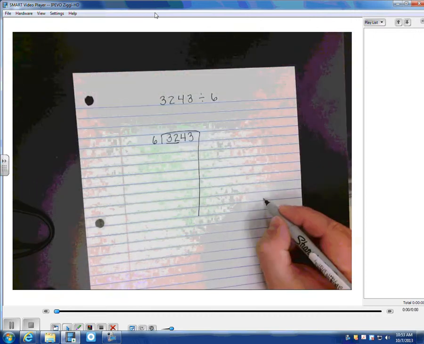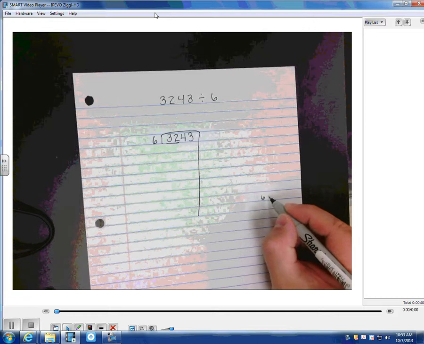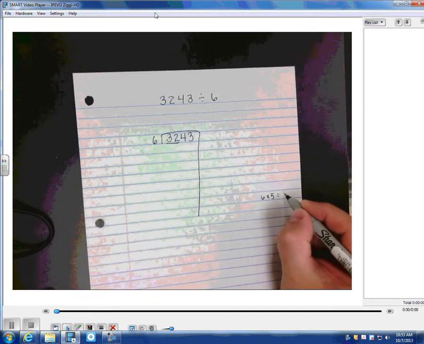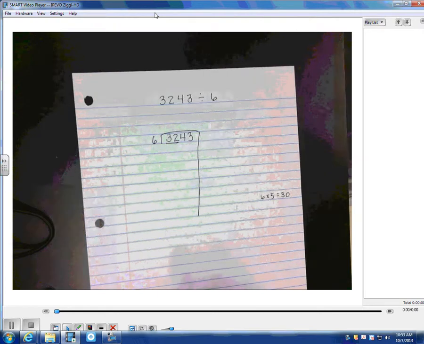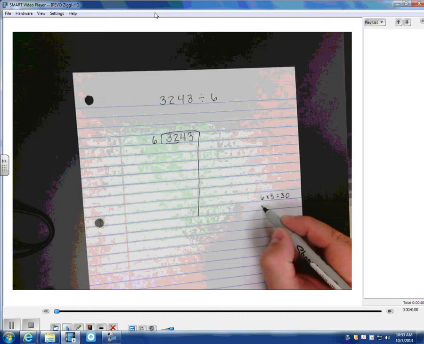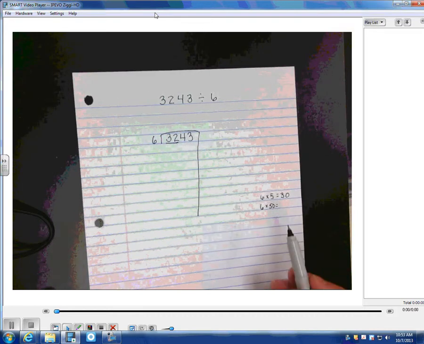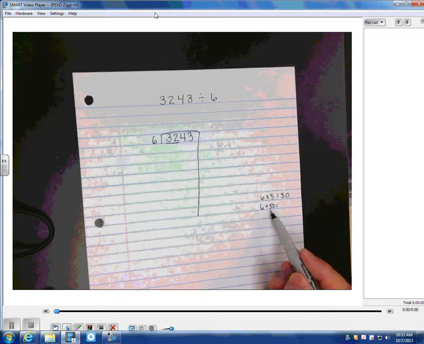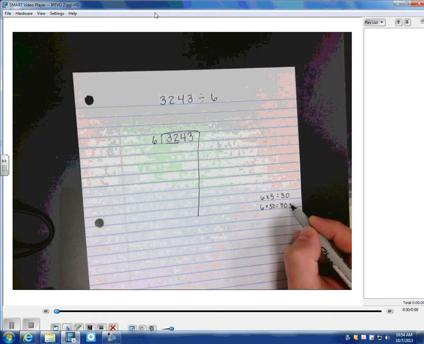So over here to the side, I'm just going to write 6 times 5 equals 30. Now I'm going to use my powers of 10. So I'm going to say 6 times 50. Again, I know 6 times 5 is 30, so I can write that down, and I know there's 1 zero, so I'm going to add that 0 to it.